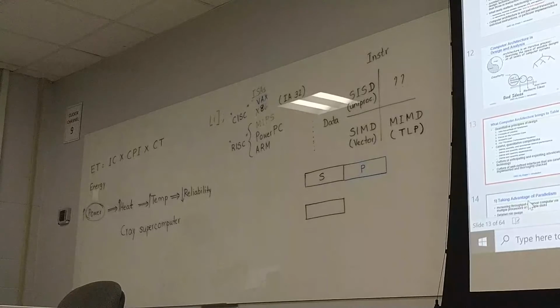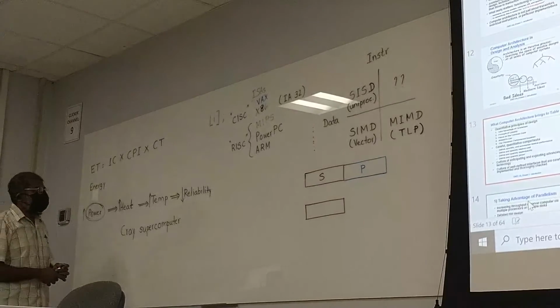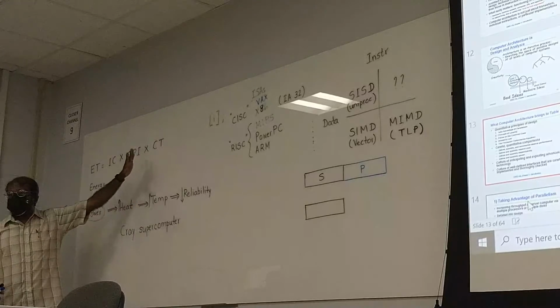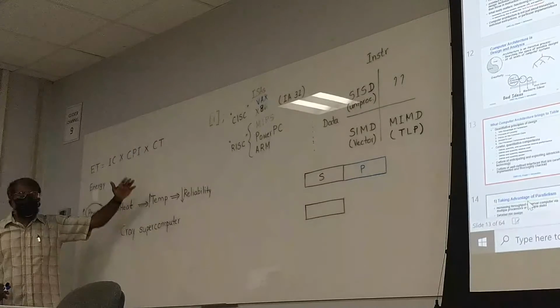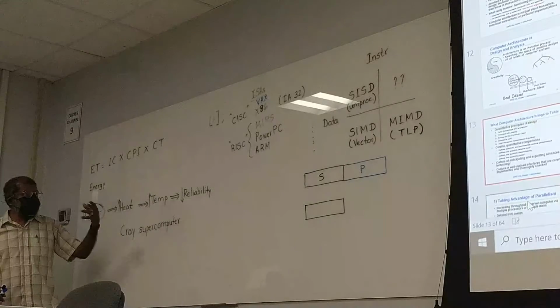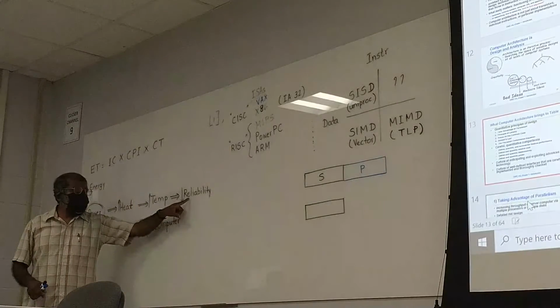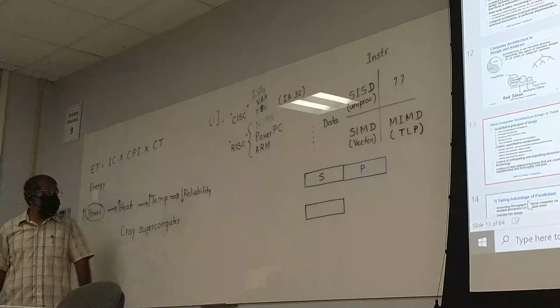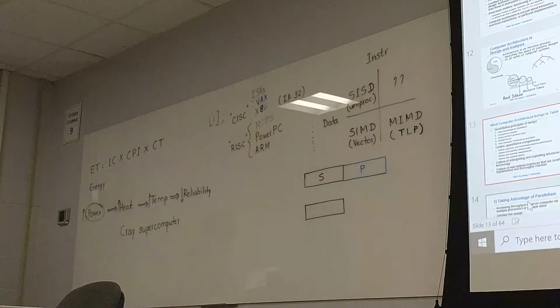Plus, the lifetime also goes down, especially when you have temperature cycles, getting extremely hot and cooling down. If that happens, then long-term reliability is also impacted. So we want to avoid all that. So that's why power became very important.